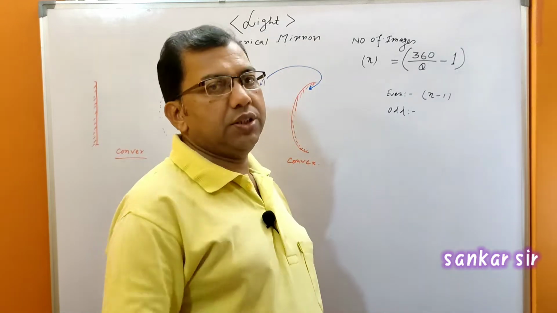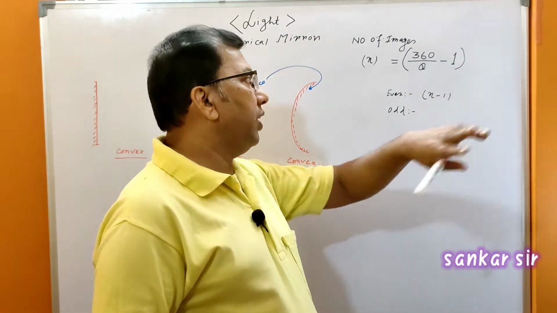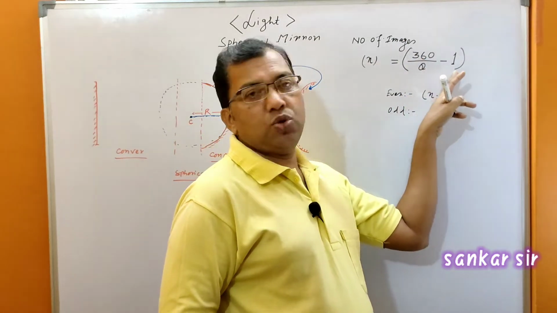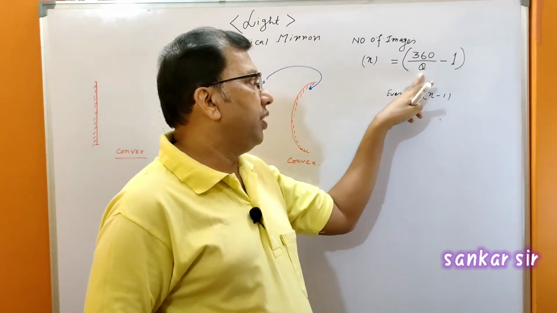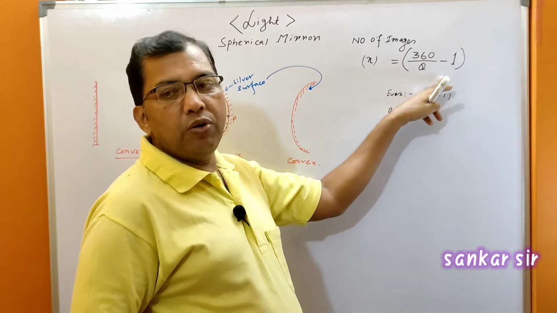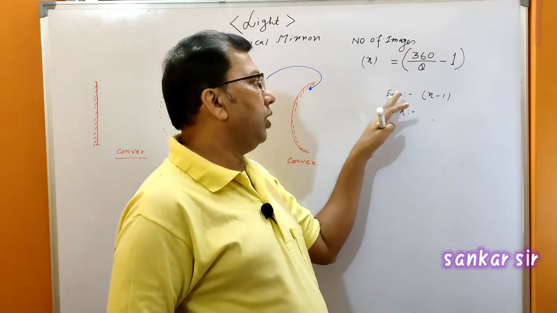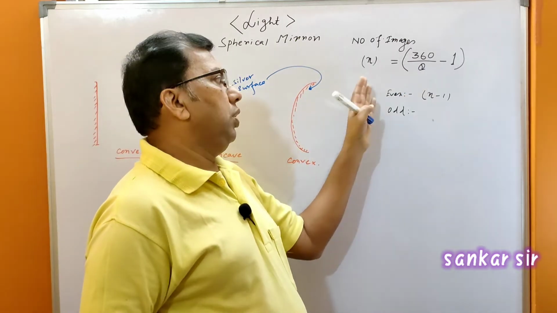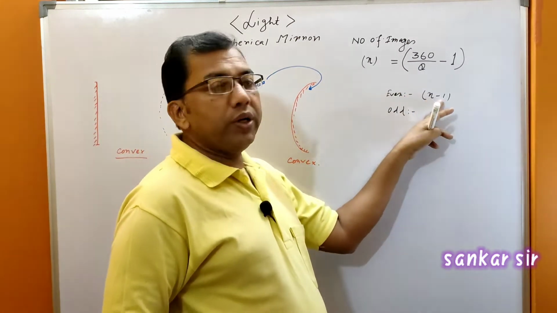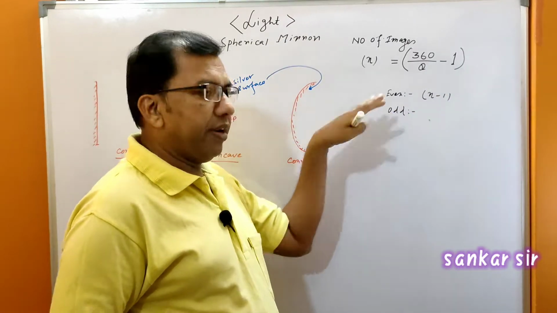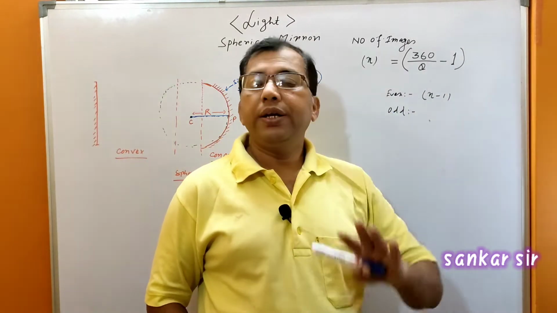The number of images you can find by applying this formula: number of images is 360 by theta minus 1. If theta is 50 degrees, there will be some value of n. If the value is an even number, the number of images will be n minus 1; in case of fractions, the whole number will be taken.